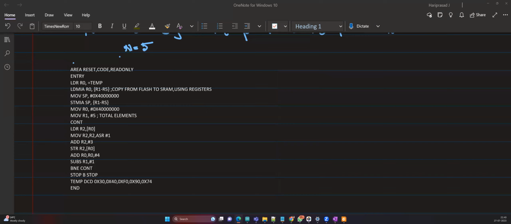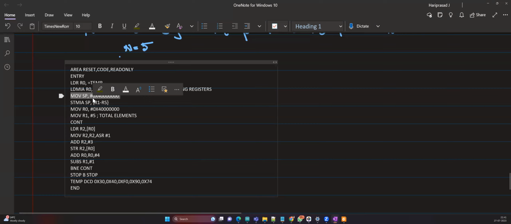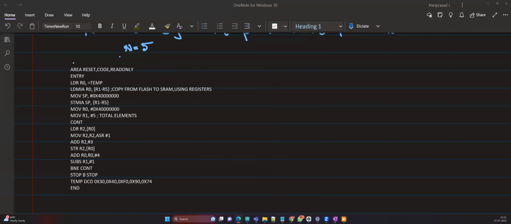What is SP here? It's the stack pointer. We are saying locate our stack pointer to this point, 0400. And STMIA stands for store multiple instruction, using the stack pointer.